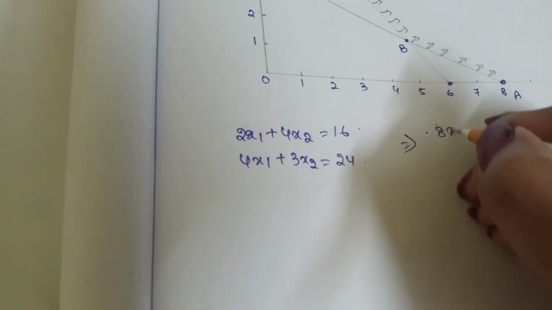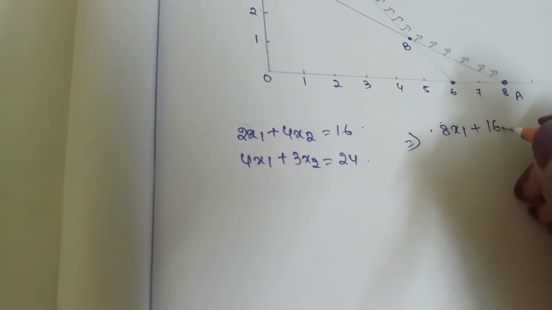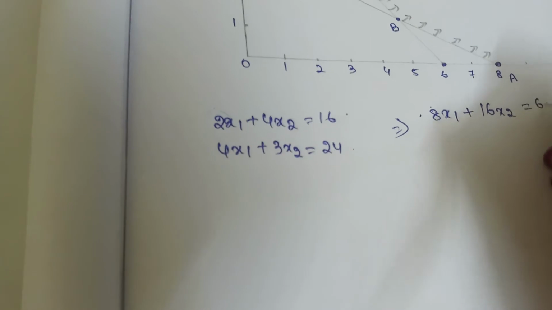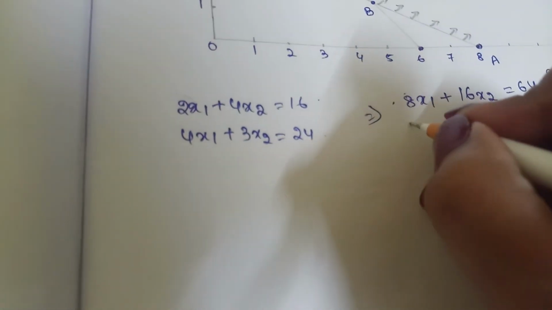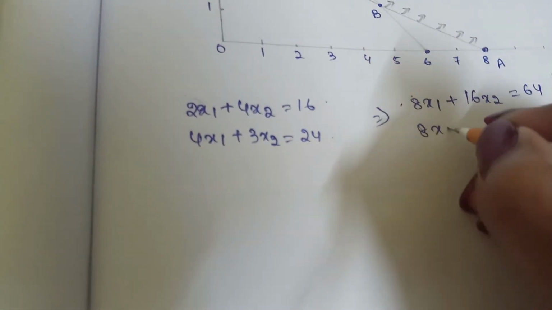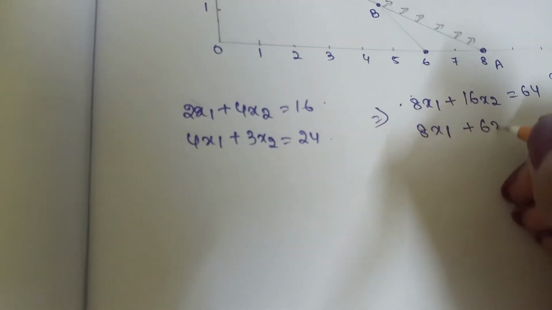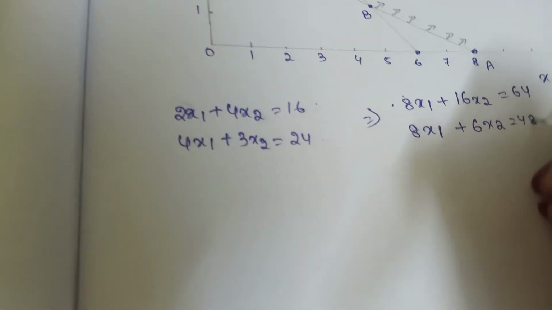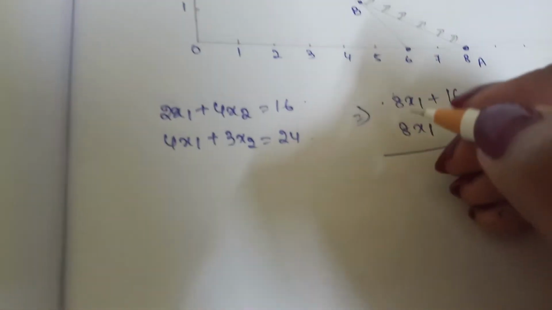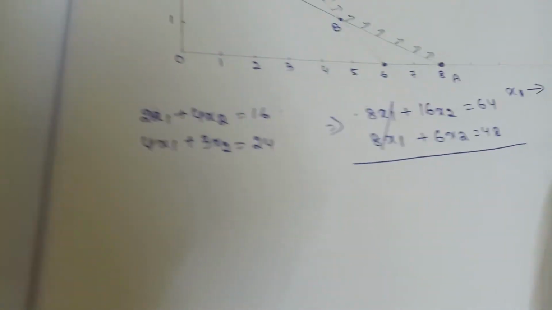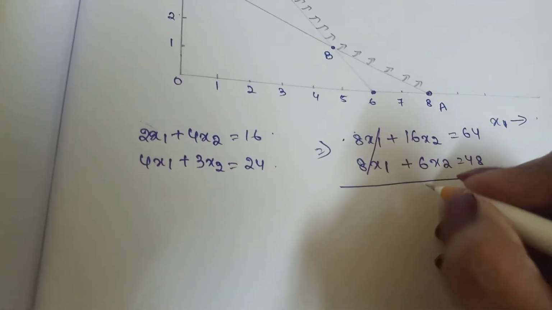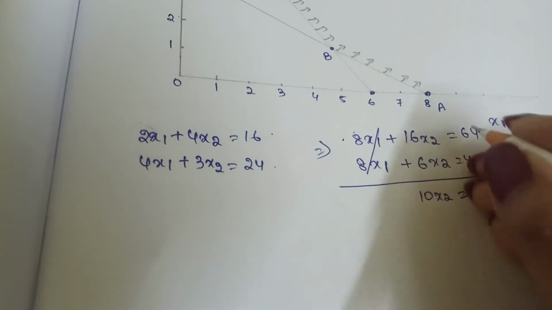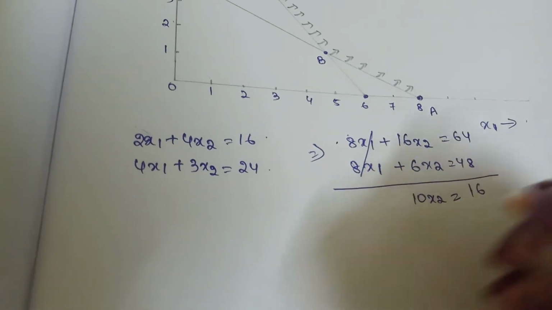So this will be 8x1 + 16x2 equal to 64, and this will be 8x1 + 6x2 equal to 48. Okay, so this will be eliminated. This will be 10x2 and this will be 16.